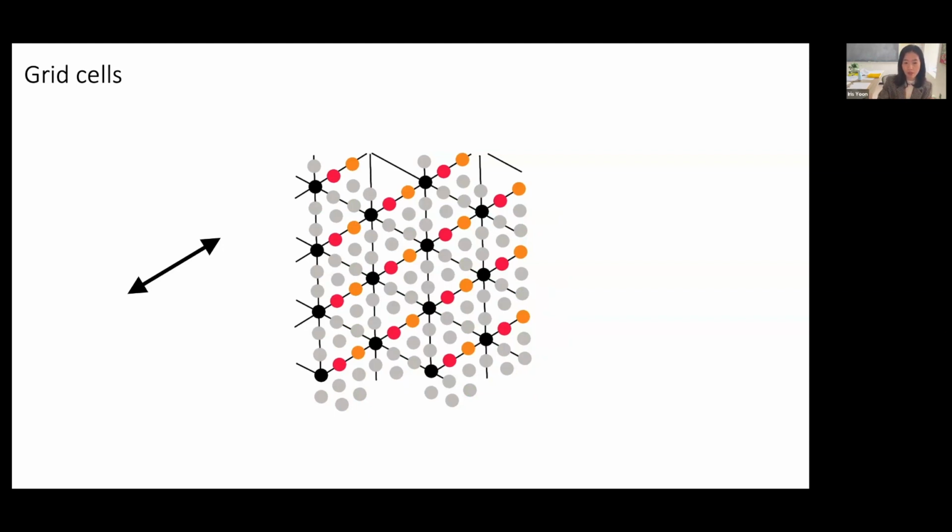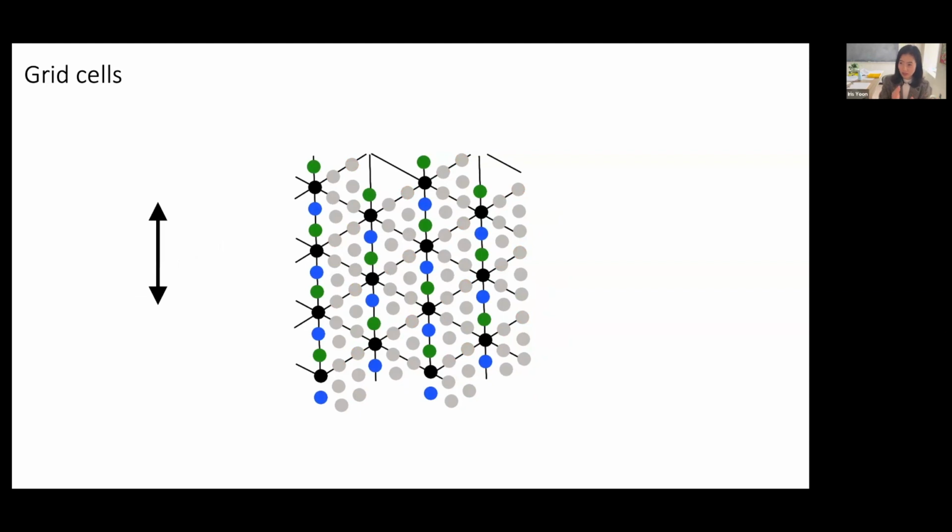You see the black, red, orange, and this pattern is going to repeat. So we're really in the situation of looking at one-dimensional grid cells along one line that we've seen a minute ago.